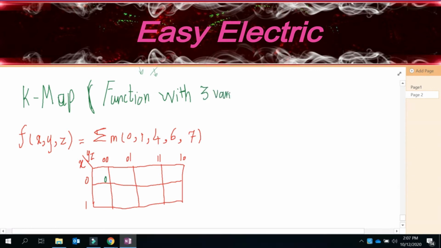Okay, which is somehow clear, right? Whenever I write f, x, y, z, it means this is the function with 3 variables.